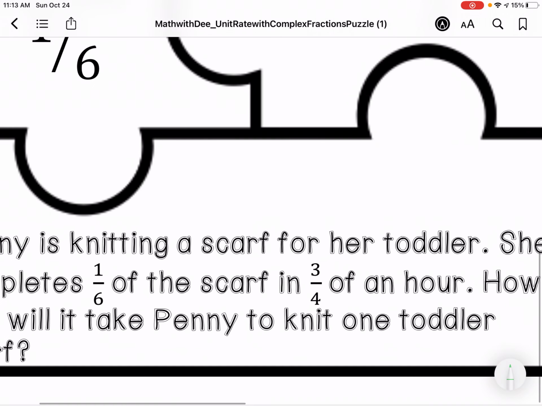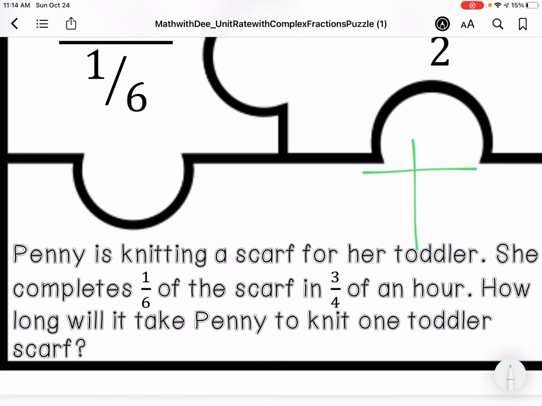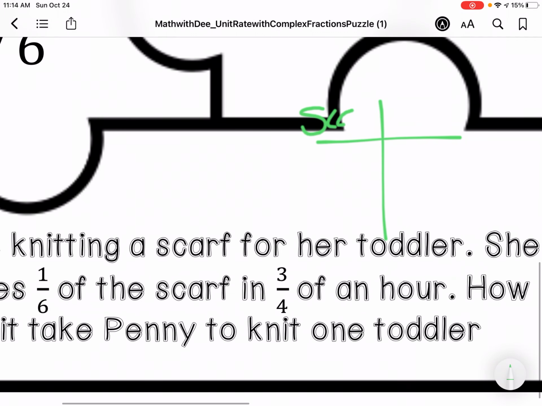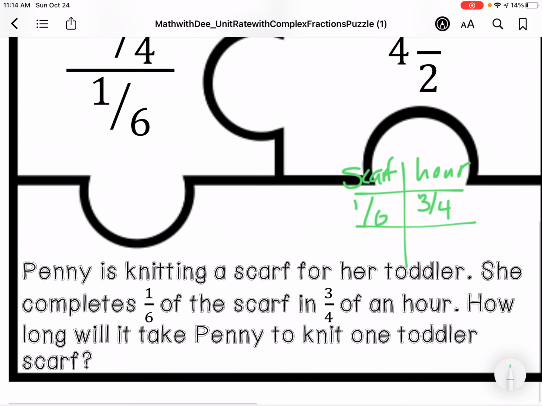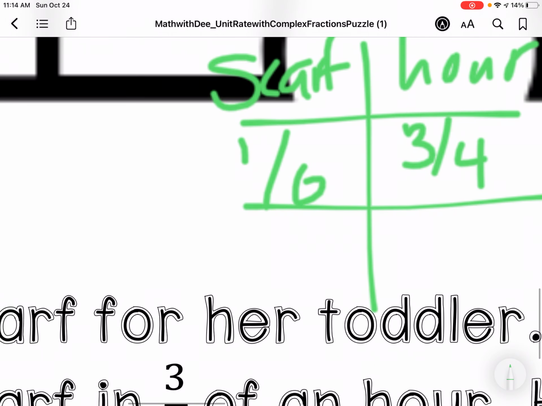Penny is knitting a scarf for her toddler, so she completes 1/6 of the scarf in 3/4 of an hour. How long will it take her to knit one scarf? So I'm dividing by 1/6.